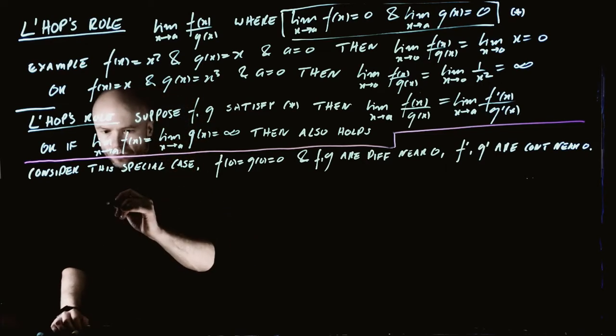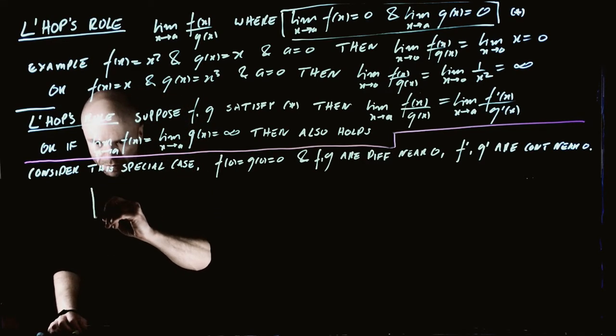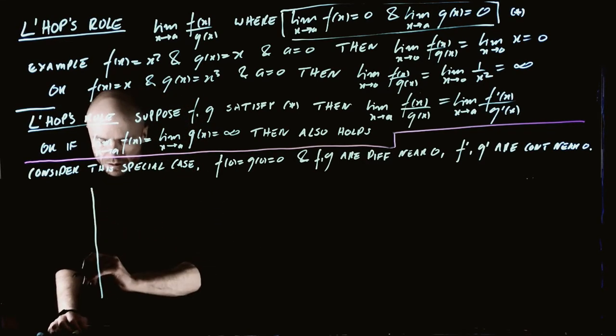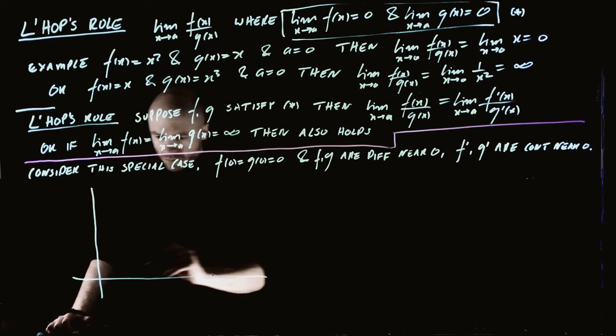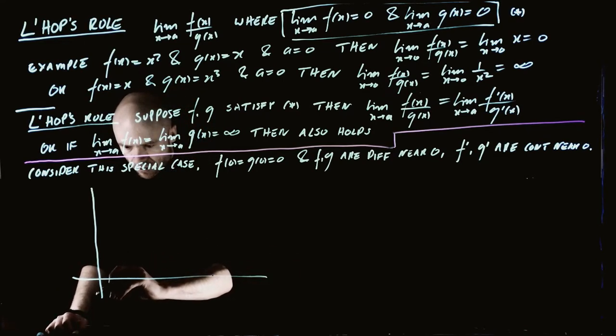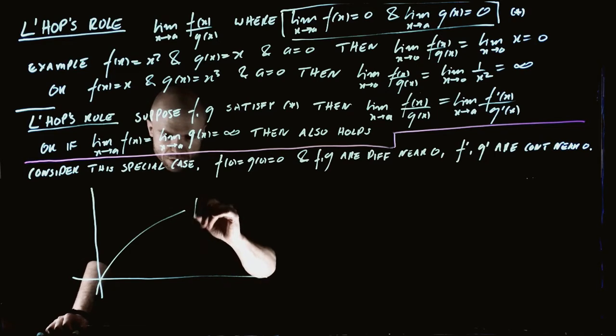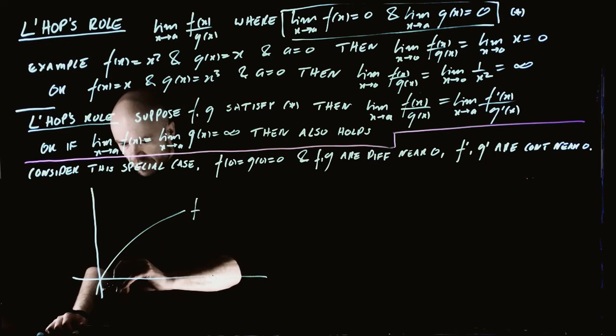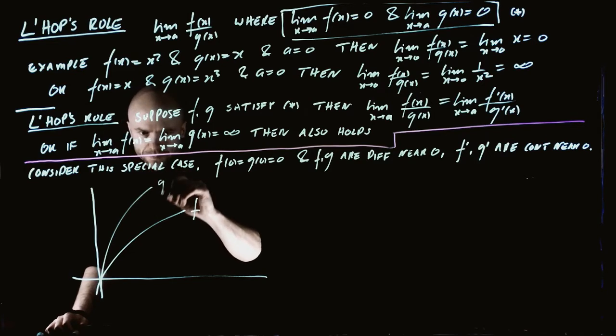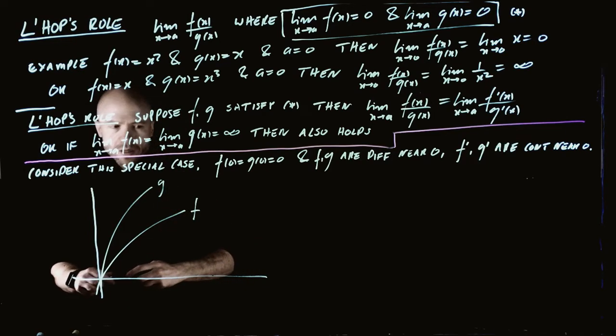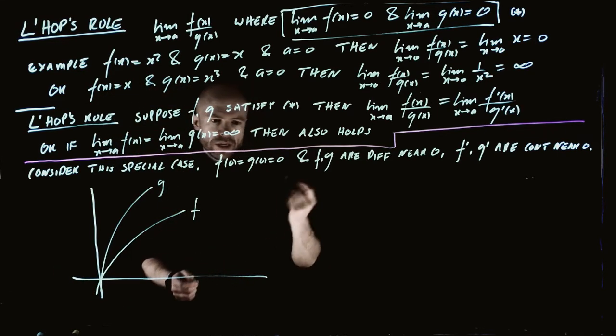Then let's draw a picture. So suppose this is the function f. And then suppose this is the function g. Okay, and we are trying to understand this thing.